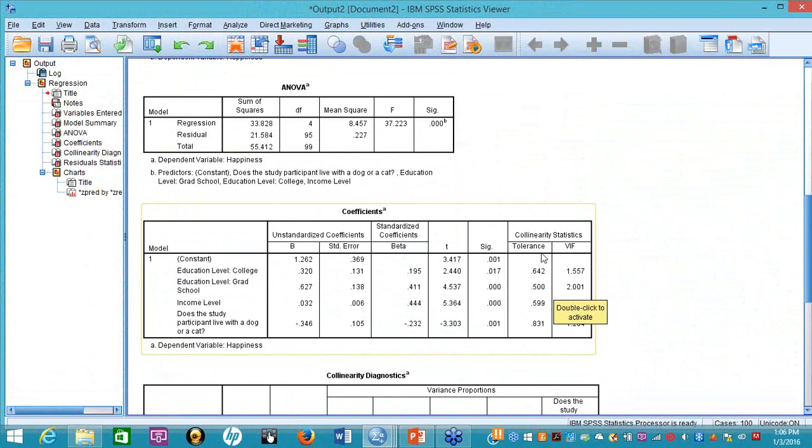So if you want to assess multicollinearity in binary logistic regression, you have to do the multicollinearity function in linear regression. And it doesn't really matter what the dependent variable is. It's kind of nice just to use happiness because it's another form of happy yes, no, but that's not necessary.